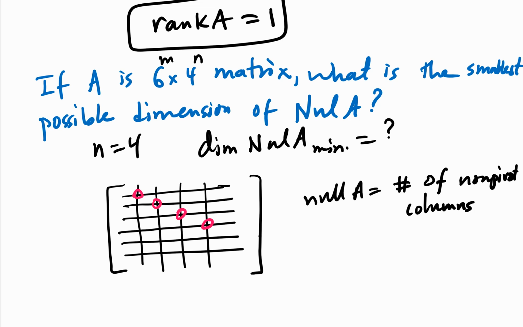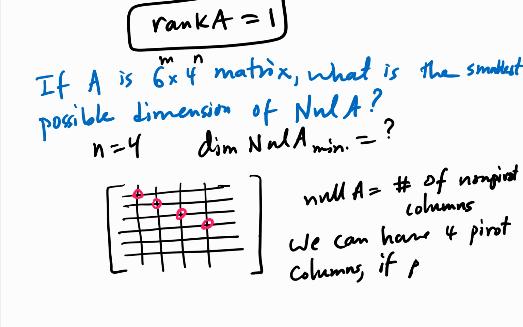So the maximum we can have as pivots is 4. So we can have 4 pivot columns if possible. It might not, but that's the max we can have.